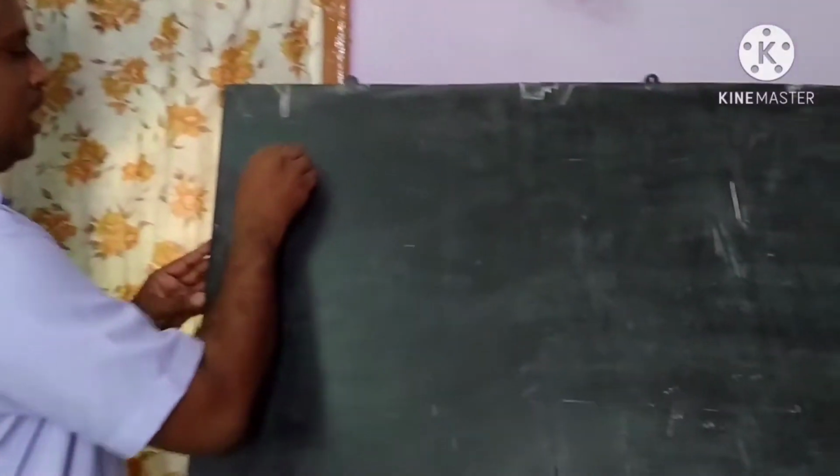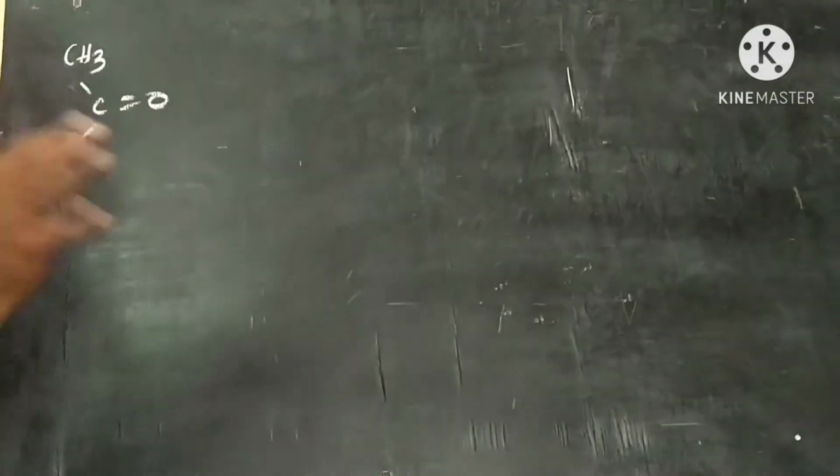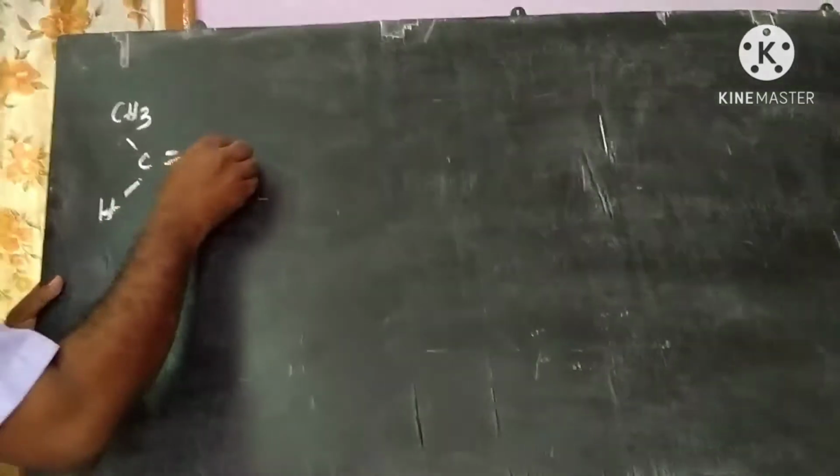The equation: acetaldehyde CH3, C double bond O, H, with 2 moles of methyl alcohol.